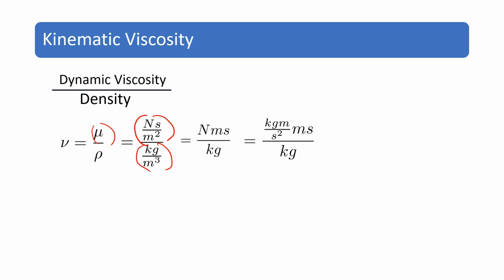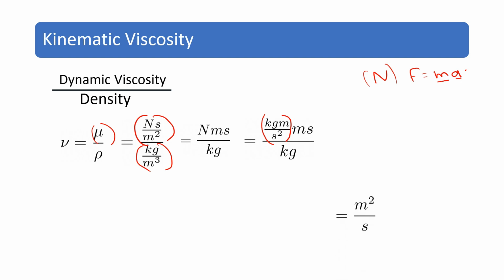So the Newton, if you write the units, you can get it as kilogram meter by second square, because Newton, that is force, is equal to mass into acceleration. The unit of mass is kilogram, unit of acceleration is meter per second square.